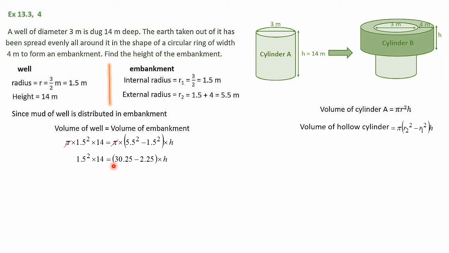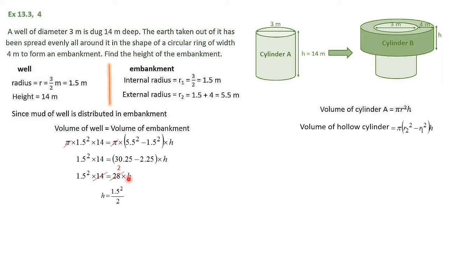Just multiply it, you will get 30.25 minus 1.5 square is 2.25, into h. Then 1.5 square into 14 is equal to 30.25 minus 2.25. When you subtract, you will get 28 into h. Then here 14 and 28, cancelling, we will get 2. So h is equal to 1.5 square divided by 2.